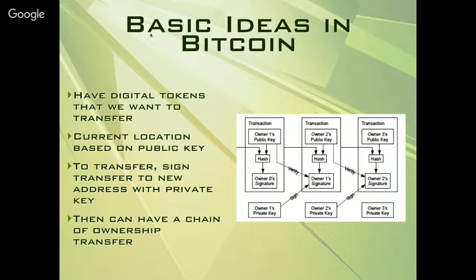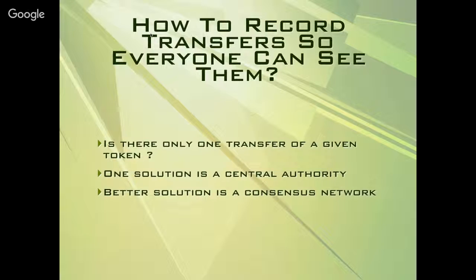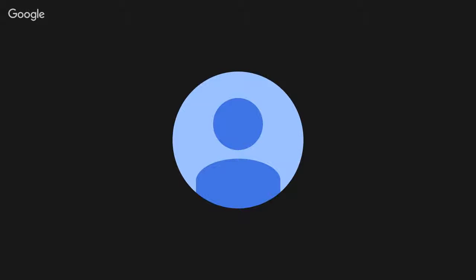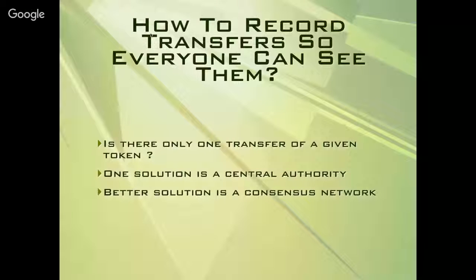So that's the fundamental idea. Now, another fundamental idea: you can do these transactions, but how do you make sure that everybody has the same record? I could have a certain address and create two transactions, one giving the coins to Dave and one giving them to Selby.